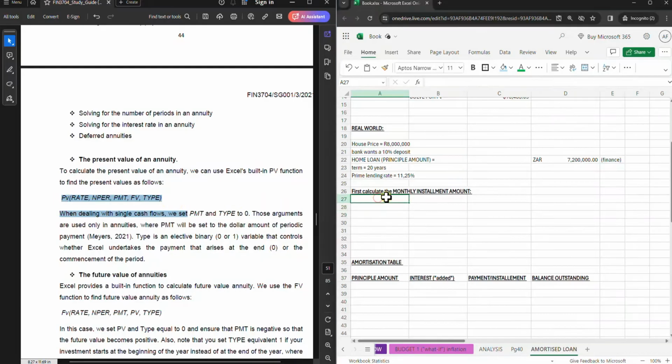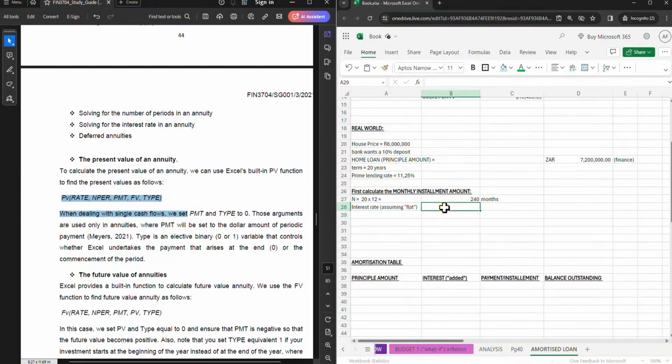First thing we need to do is work out the N. How much N do we have? It's 20 years times 12. Correct. 240 months. Your interest rate, we're assuming, is going to be flat for the total duration of the loan.